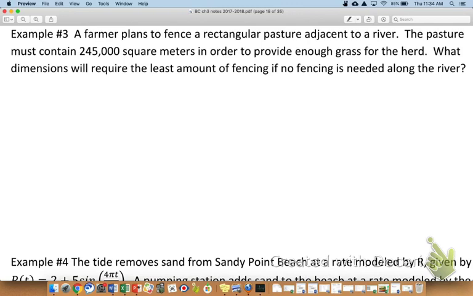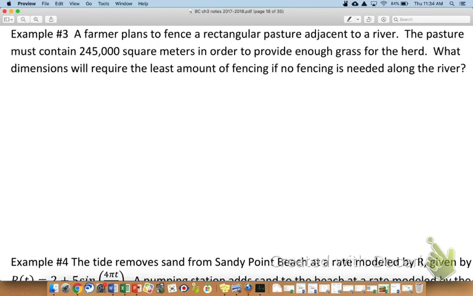And this, of course, can take on all different shapes and sizes, literally. Sometimes the pastures get divided up into little segments. Sometimes it's a different shape and type. These can take on all kinds of different shapes and concepts. This one says a farmer wants a rectangular pasture adjacent to a river.